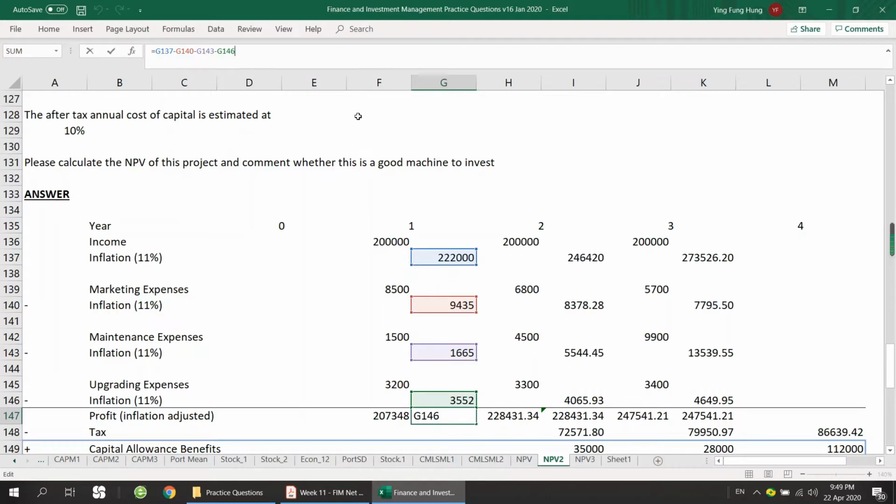And if we put this in the calculator, then it will give us the same answer of 207,300.348.